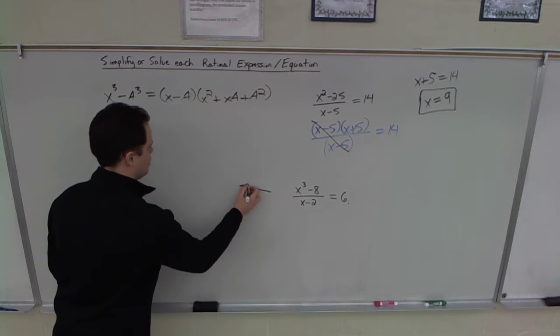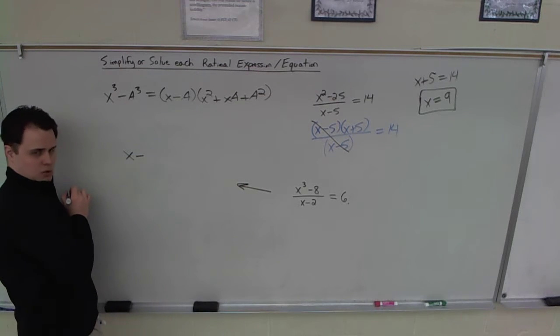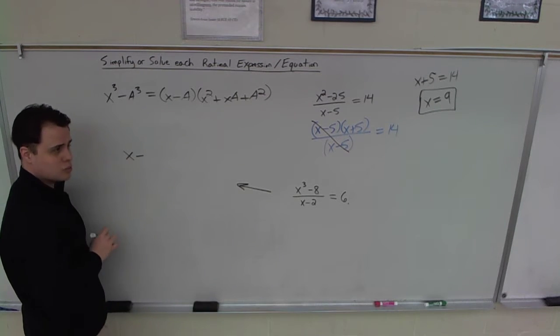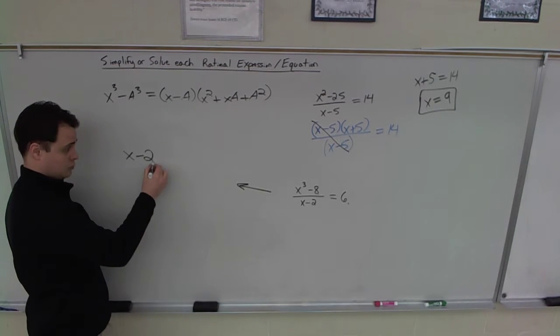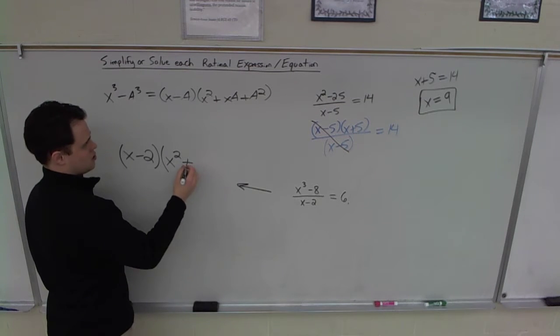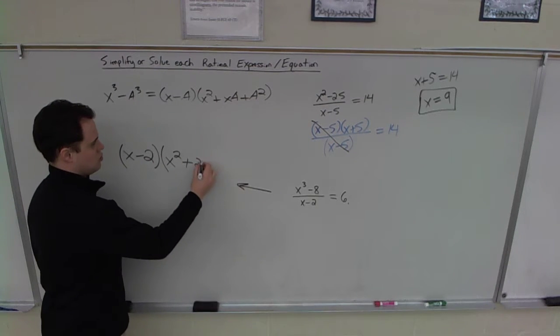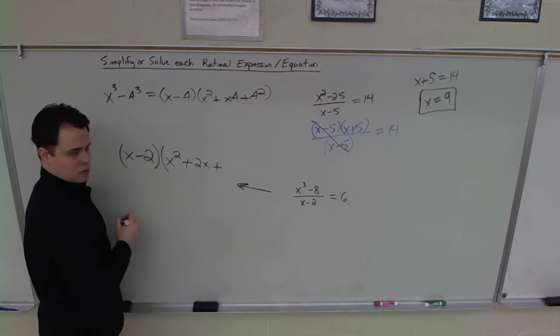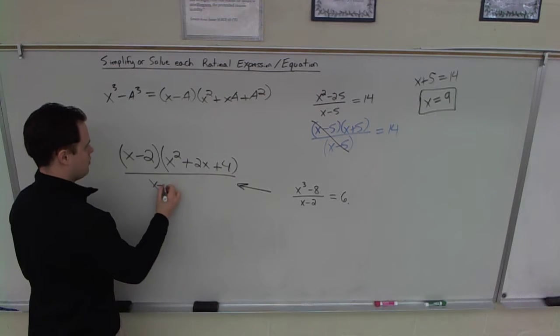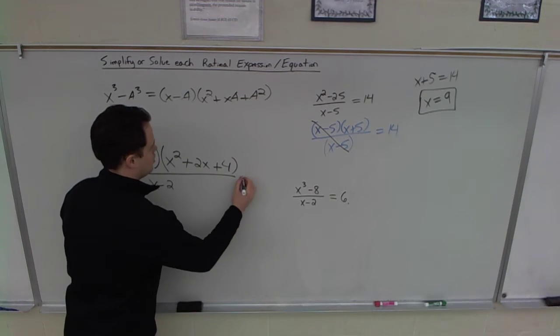So this simplifies to x minus, what's being cubed to make 8? 2. So this would be x squared plus 2x plus 2 squared, which is 4. Okay, so that's on top, and then on the bottom we have x minus 2. It's all equal to 6.